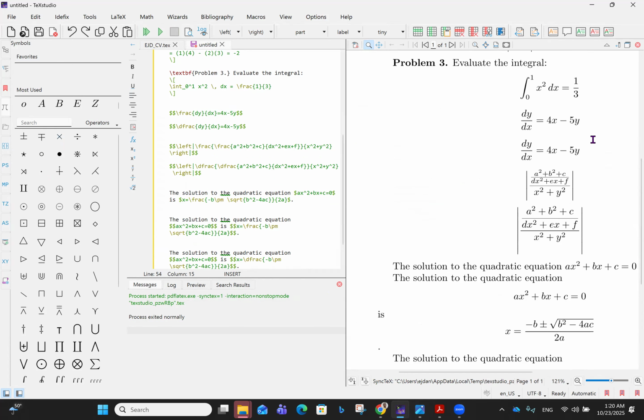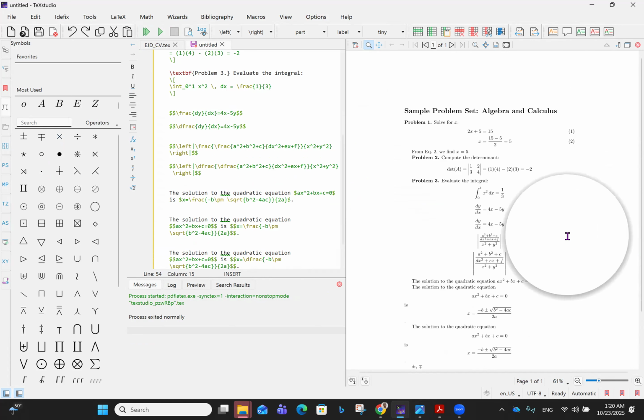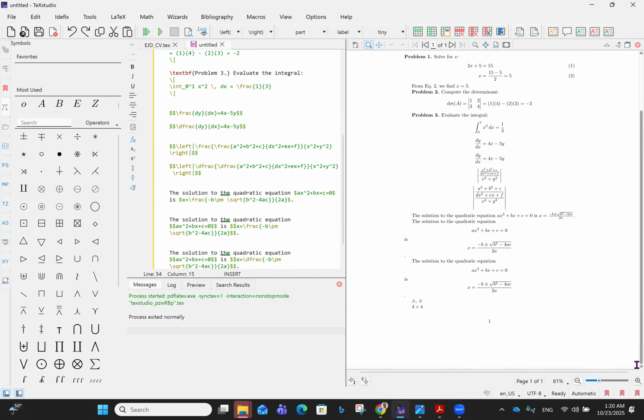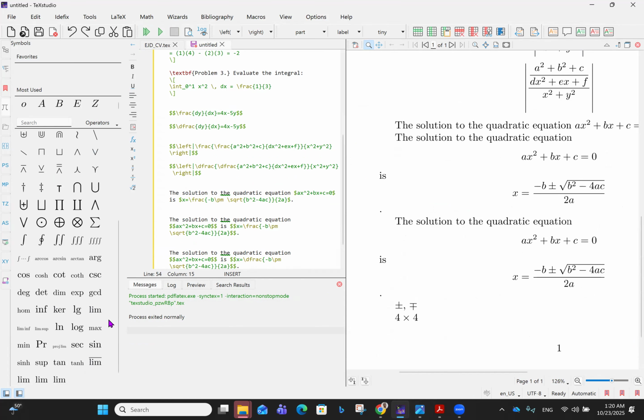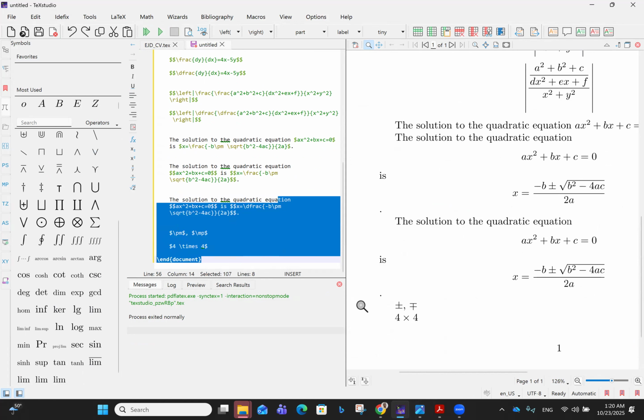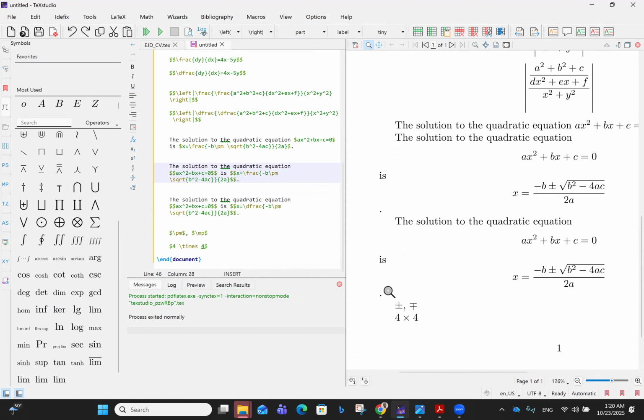So you see 4 times 4 right here. So that's 4 times 4. So you have all these plenty symbols, all the double integral, cos, tan. You can just use them freely. Okay. Maybe along the line, we will do it like a math text and you see how that goes.